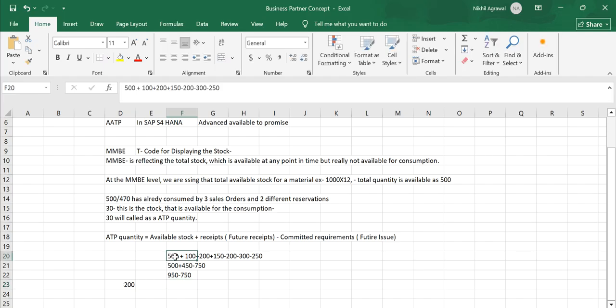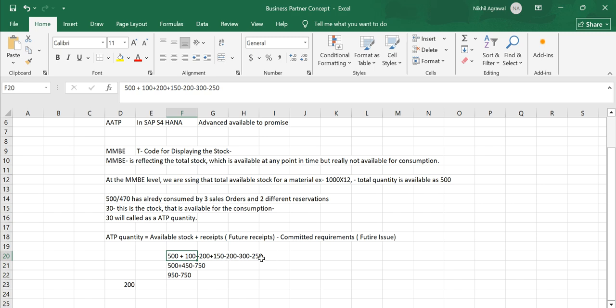Initially, we had an available stock of 500, and then we identified that against different purchase orders, production orders or purchase requisitions, we are going to receive stock of 100 plus 200 plus 150. Then we identified that quantities of 200, 300 and 250 have already been allocated to different sales orders, deliveries and reservations.